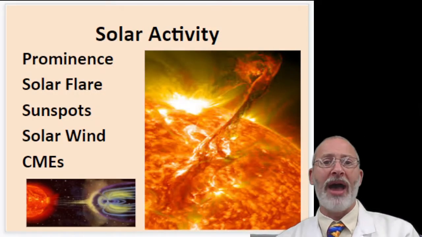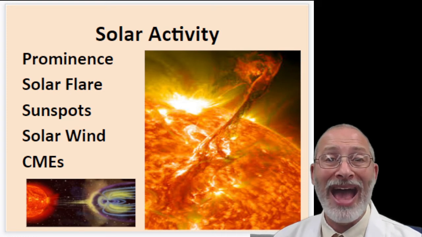And we left off yesterday getting into some of the solar activity that takes place because the sun is such a dynamic and violent location in our solar system. So let's begin today by talking about solar activity.